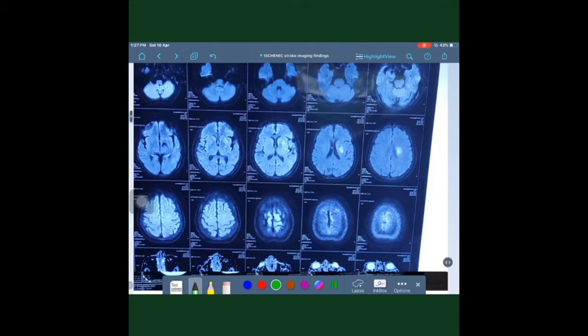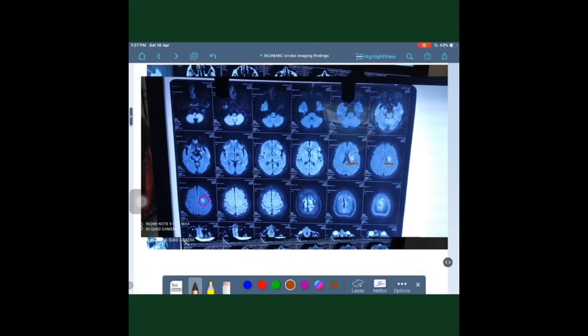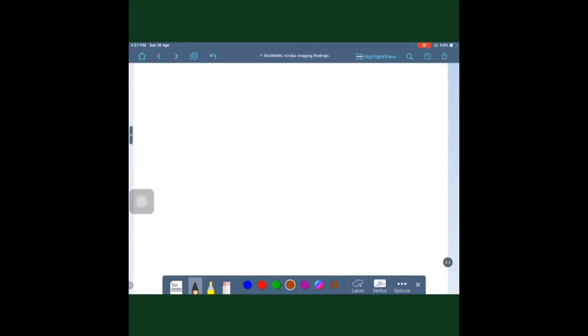So the increased signal we are seeing in the image, as I marked, is the lesion. So we have to compare this increased signal with ADC. ADC means apparent diffusion coefficient.